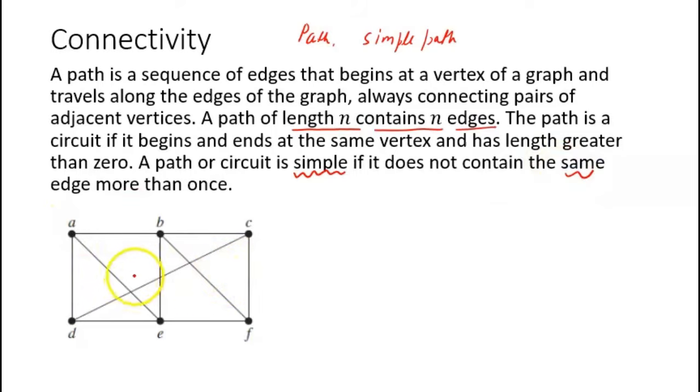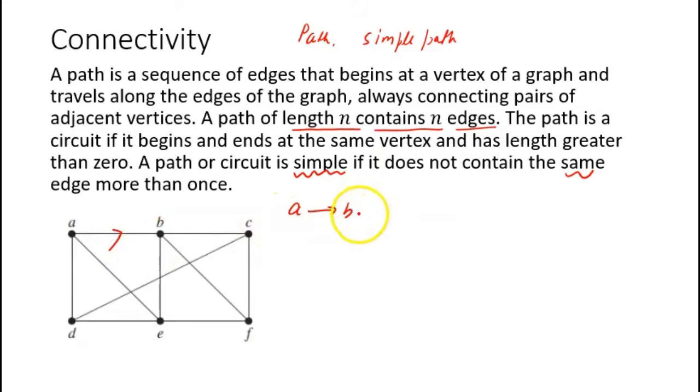Let us understand it through this example. Suppose I move from one vertex to another in this graph. I am putting arrows so that you understand how the movement is taking place.